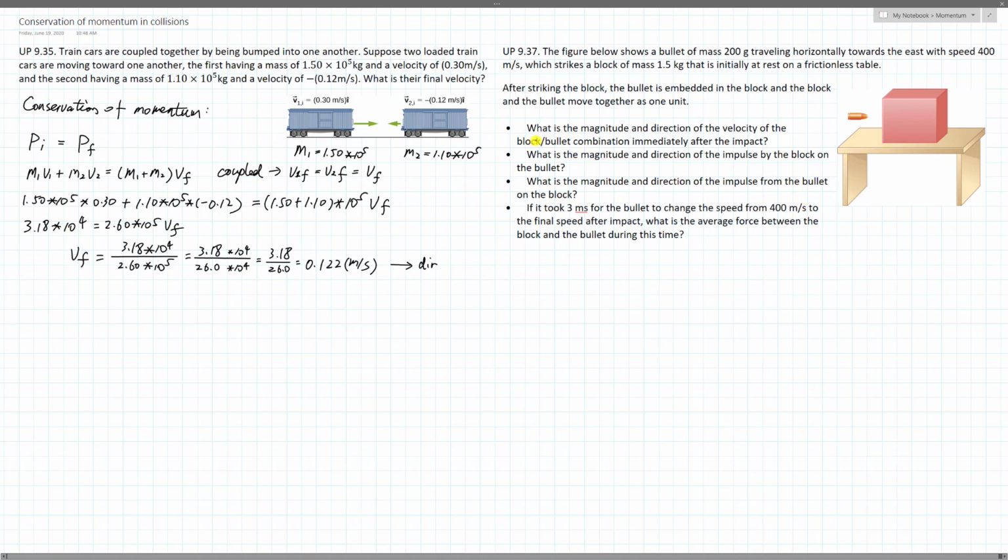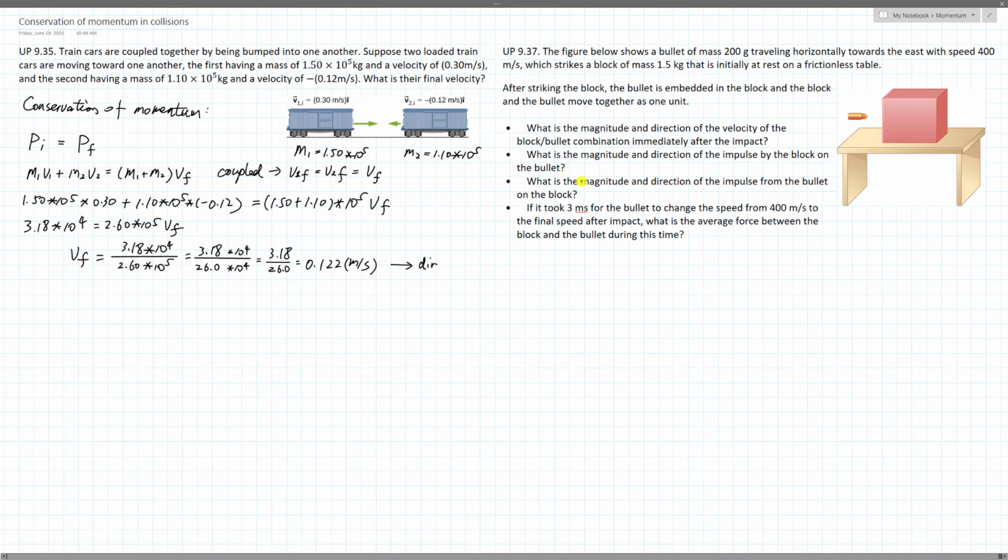So there's a series of questions here. What is the magnitude and the direction of velocity of the block-bullet combination immediately after the impact? This is the same as the left side, the train cars coupling into each other, right? So then what about the rest of the questions? What is the magnitude and direction of the impulse by the block on the bullet? So we can calculate that.